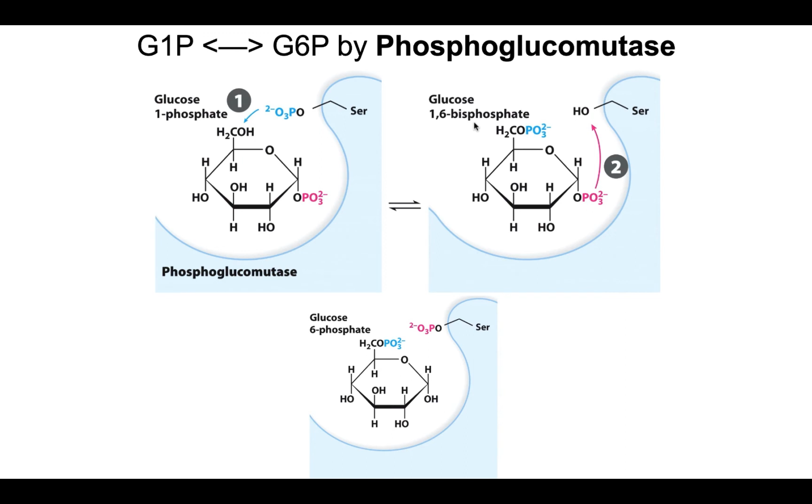But remember, an enzyme always has to end the way it started, so the enzyme grabs the phosphate group from the 1 carbon, leaving us with our final product, glucose 6-phosphate, and we end the enzyme the way it started, with a phosphorylated serine here.